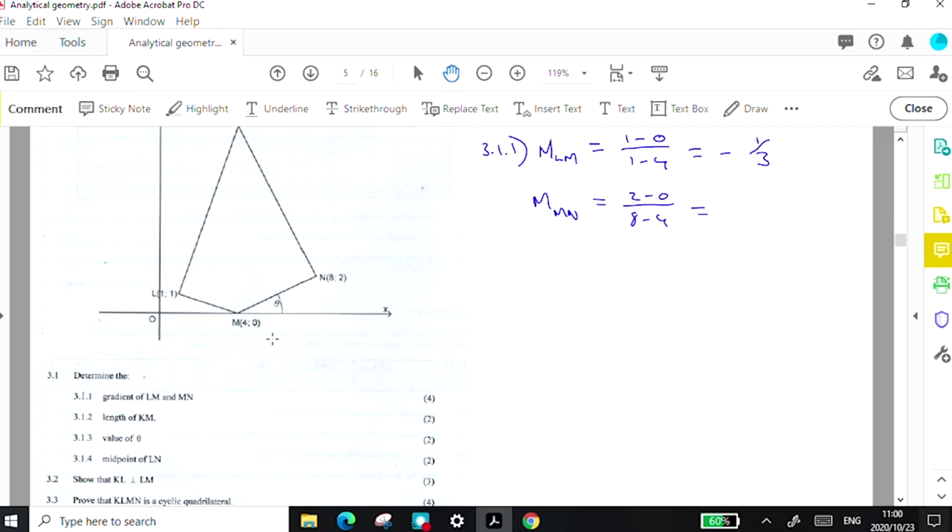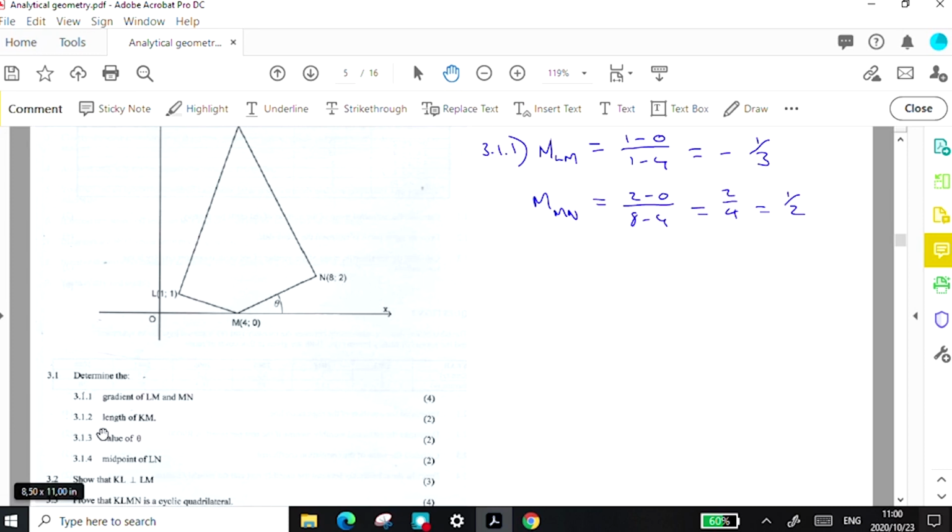And this is equal to 2 divided by 4, which is equal to 1 divided by 2. It's change in y over change in x. You get the gradient of LM and the gradient of MN.